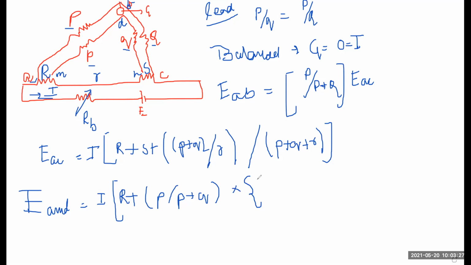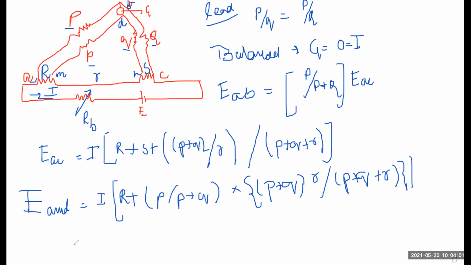We multiply it with the rest of the terms, that is P plus Q, and outside you put R, because it is the small r, and then take P plus Q plus R again. Then close the brackets. So this is for EMD.